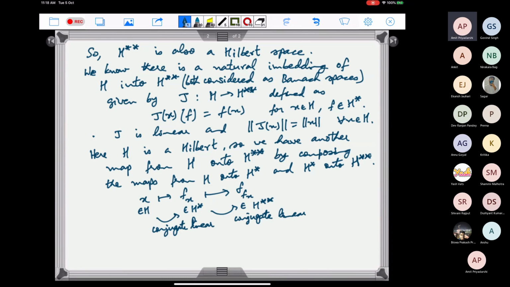So the composition, therefore the map x going to f sub x, this is linear and isometry.